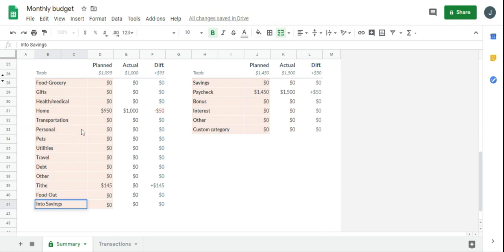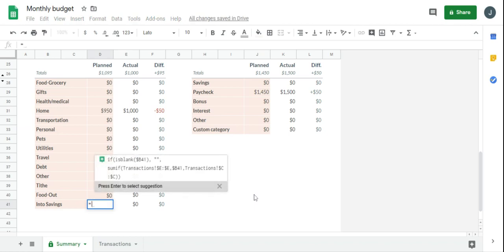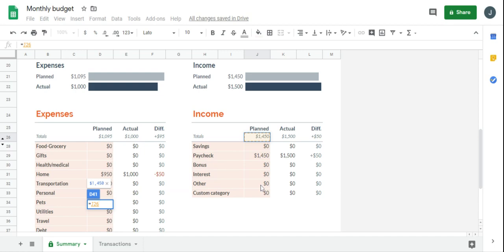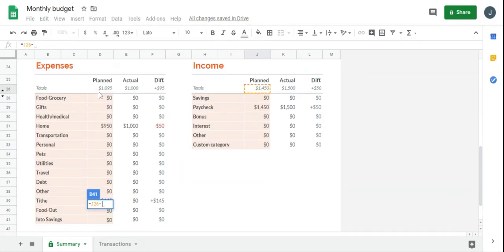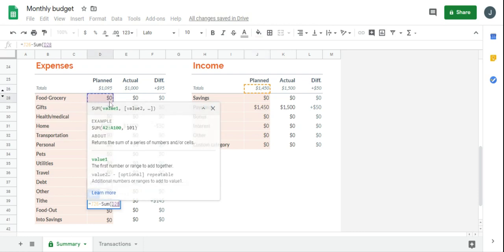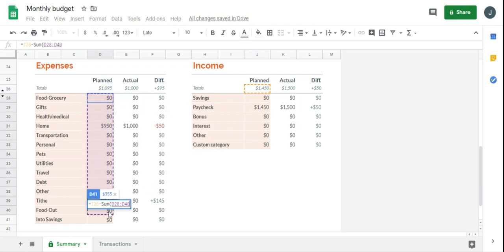Some of these you may not use, some of these you will definitely use. So keep that in mind. Now, into savings, you could also set a formula for equals this minus, and then you'll do sum, and then do a selection, which would be every other category that is in.